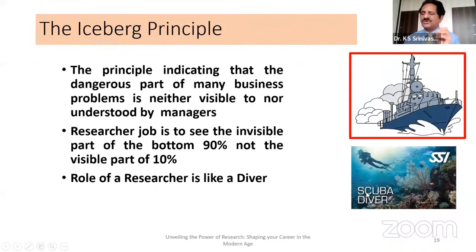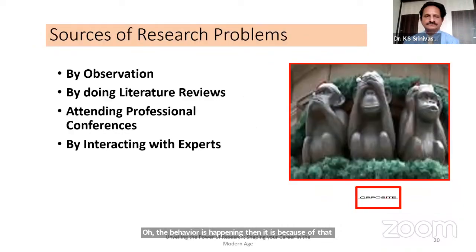But what is your role as a researcher? You are like a diver. Diver means what? Jumping into the waters, going to the deep sea, understanding the 90% which is not known to others and explaining it to others. Because of this, the research outcome is why people are behaving like that. Earlier we said behavior. How the behavior is happening is because of these 90% reasons, not the 10% which are visible. Are you okay?